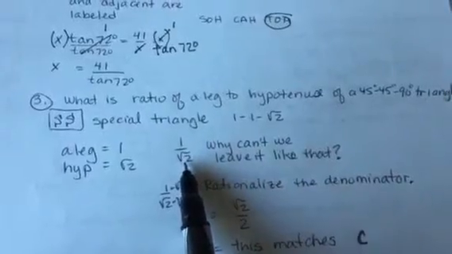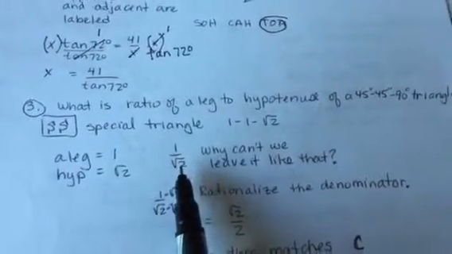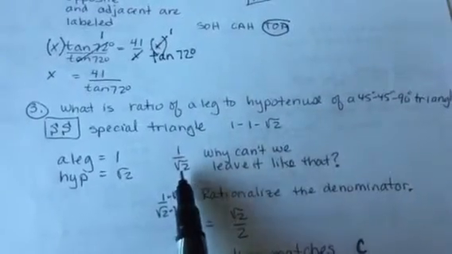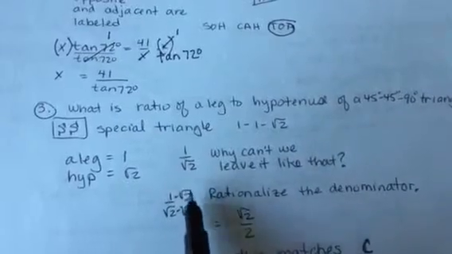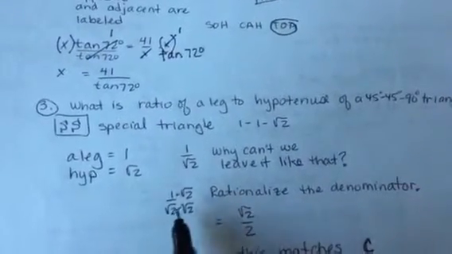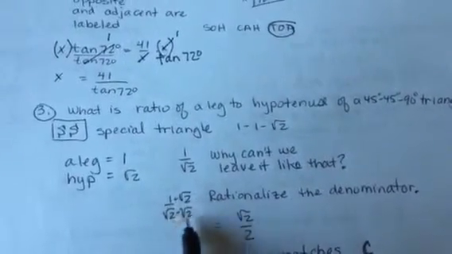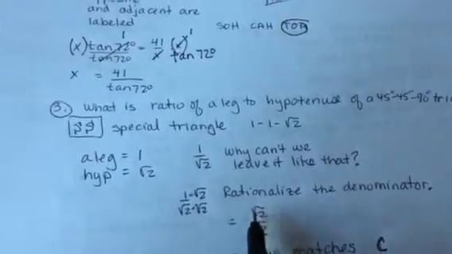We cannot leave a radical sign in the denominator. So we multiply the top and the bottom by square root 2, multiplying by 1, making the bottom square root 2 times square root 2 be 2, and the top square root 2.